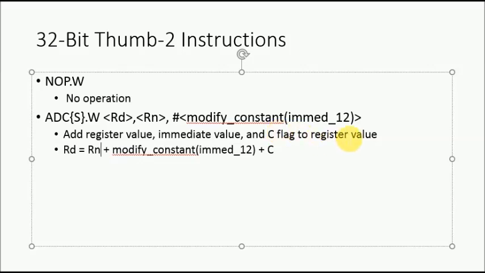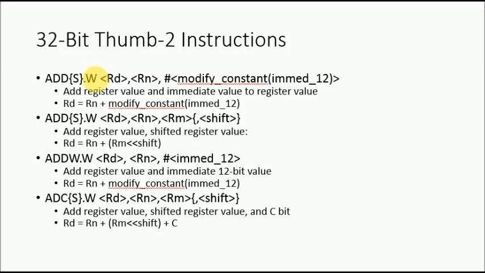Here we add the register value, the immediate value and the carry flag, and store the result in Rd. ADD{S}.W Rd, Rn, #modify constant, immediate 12-bit. In this, we add the register value and the immediate value and store the result. So this is add without the carry flag.